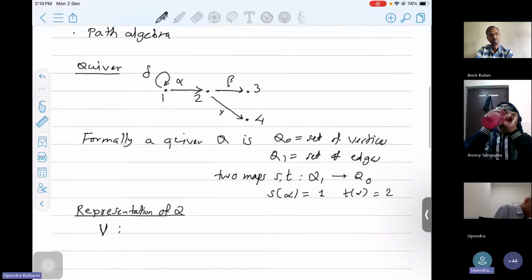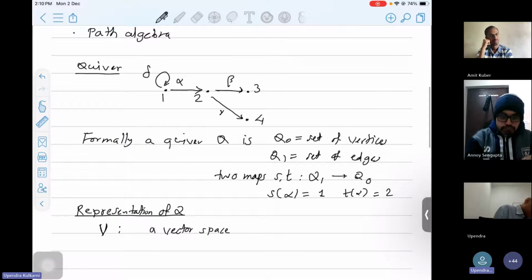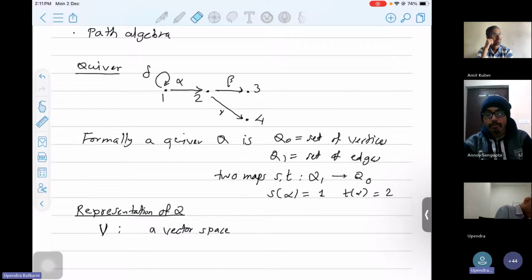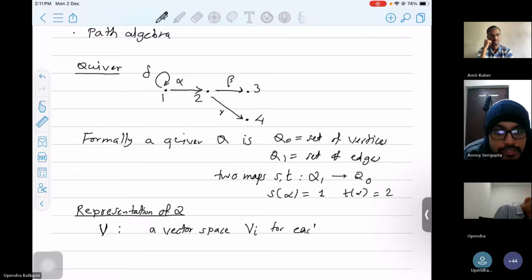Let's write this in words. A vector space V_i, maybe subscript i. I think that's the standard notation, no? For each i.